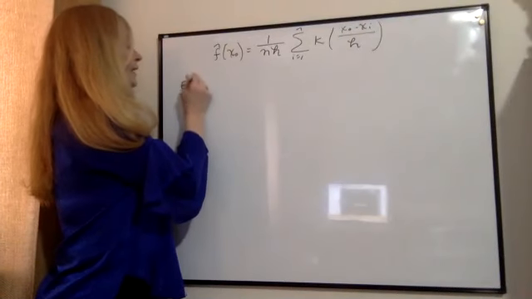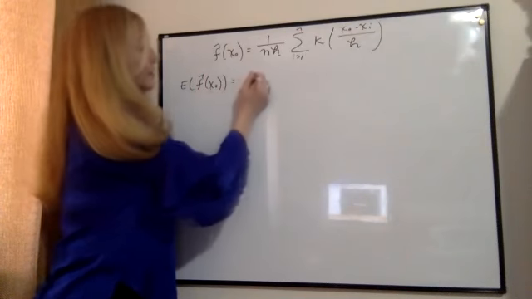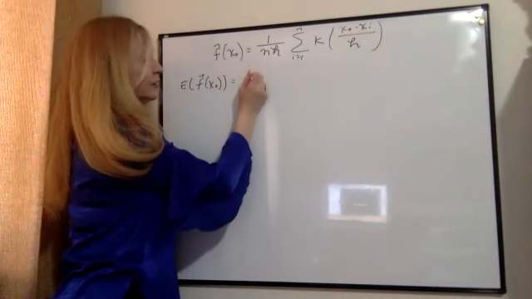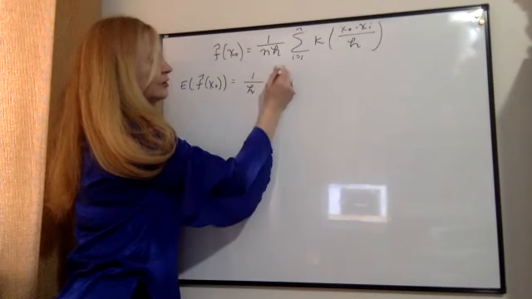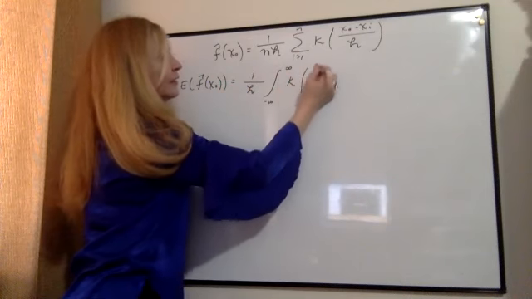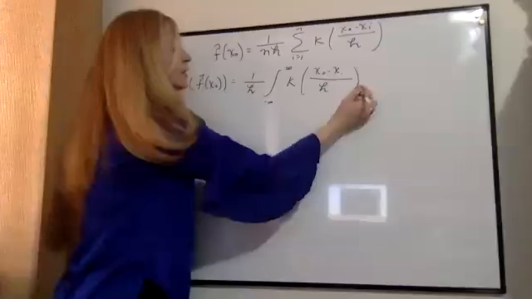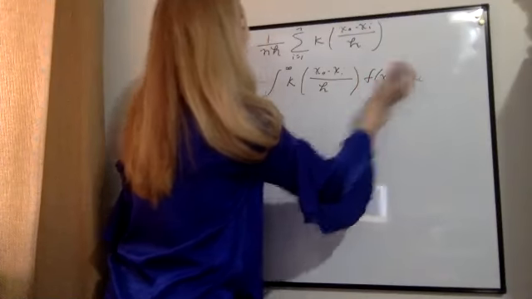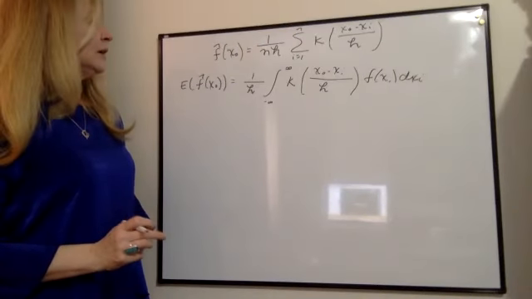So E of f hat of x naught is, the 1/n is going to cancel with the n terms, because everything is independent. So this can be 1/h times the integral of K of (x naught minus xi) over h times f of xi dxi.